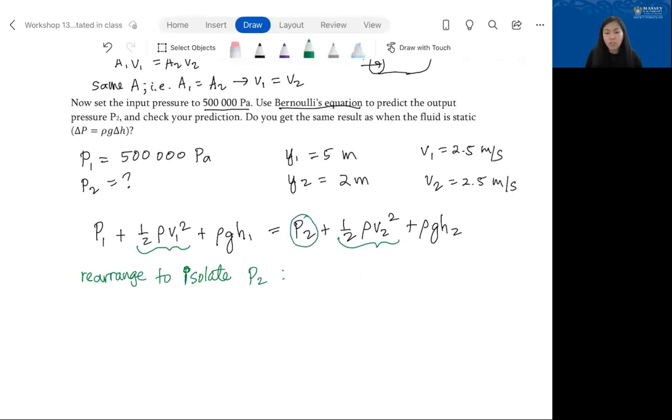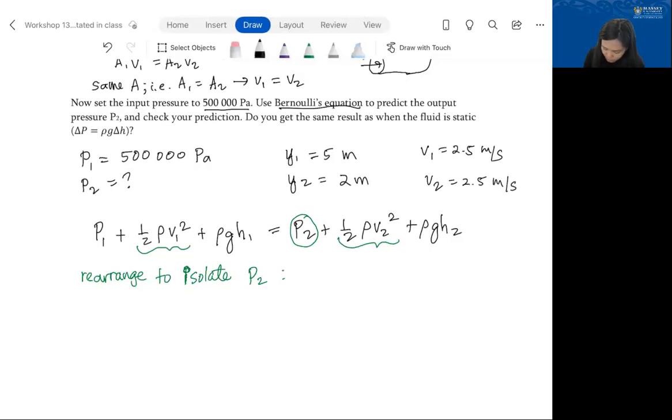Everything else is being added to P2. So to remove this 1/2 rho V squared and this rho g h, we need to subtract them from the right-hand side to isolate P2.